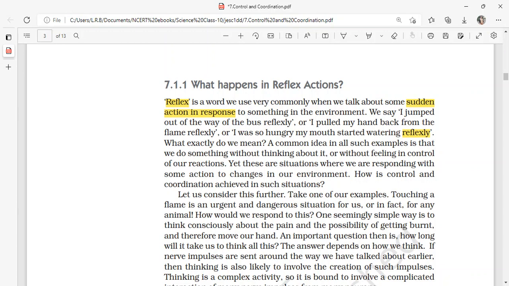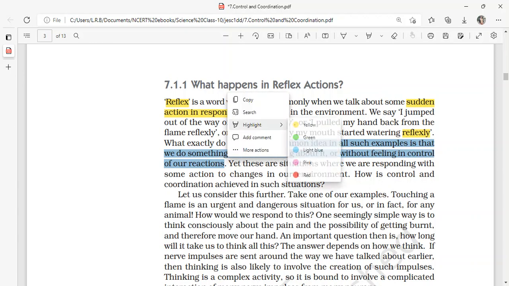So we do not sense whether we need to do them or not, but they happen without our command over them. So what exactly do we mean? A common idea in all such examples is that we do something without thinking about it or without feeling in control of our reaction.